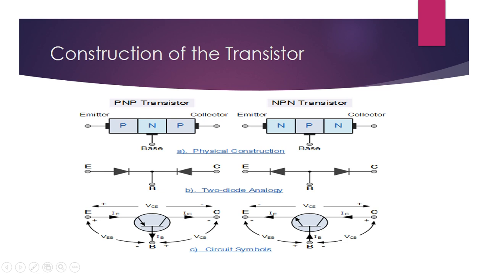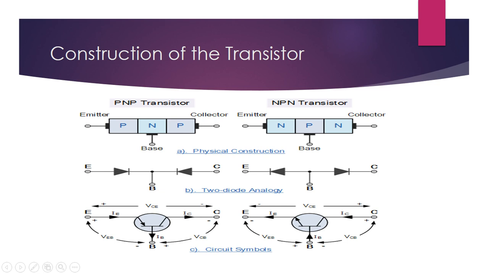As from the names, we can analyze that the emitter is the terminal or point from where the electrons are emitted, and the base region is used to control the operation of the transistor.